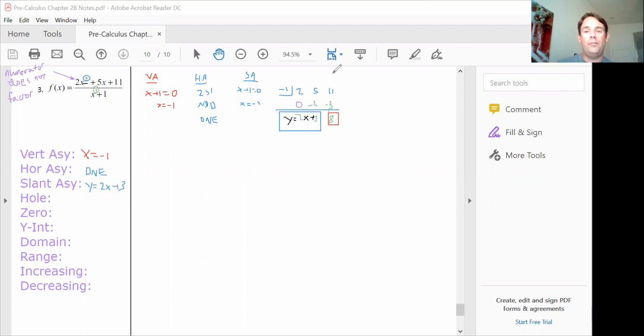Well, since the top didn't factor, there is no hole. There was none. There's no factors in the numerator that were also in the denominator. And again, we saw that, first of all, with the slant asymptote, it didn't divide evenly. Second of all, I wasn't able to factor my numerator.